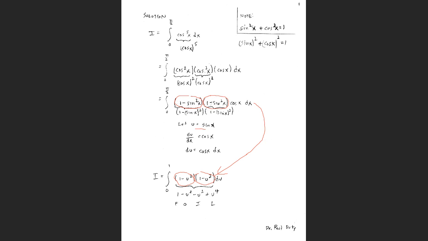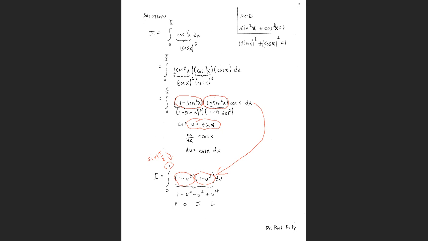And then look at the limits. Where are we getting the 1 from? Well, look at our substitution: sine of pi over 2. What am I saying? I said pi squared, didn't I?